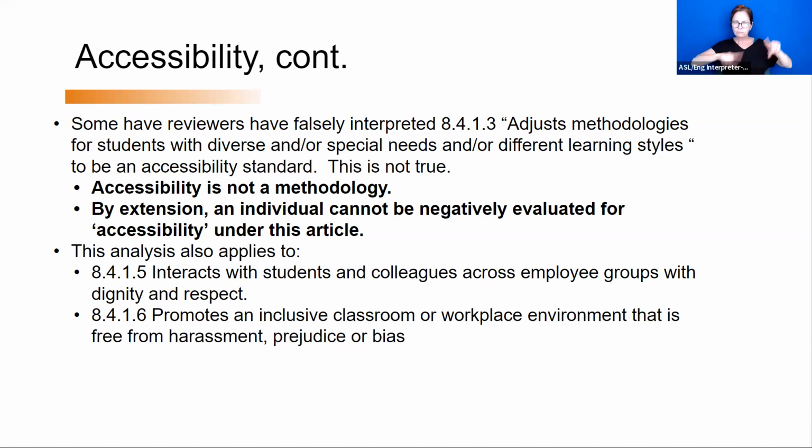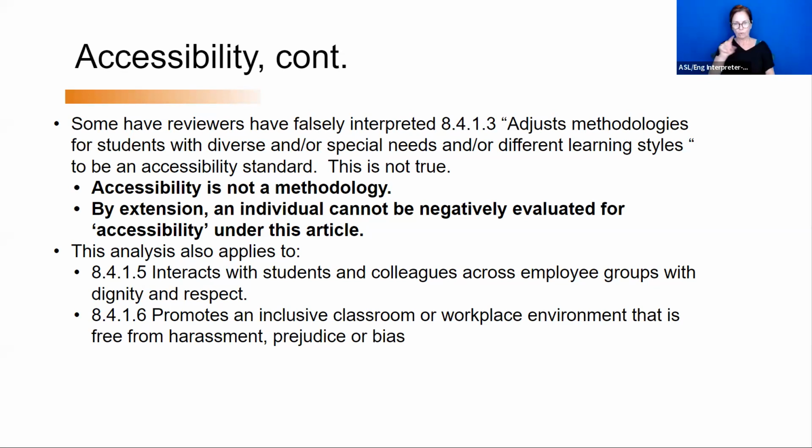So this is where the difference between accessibility and accommodations comes in. If a faculty member has a letter from the DSPS office that says we must make these accommodations for students, those are required. So again, extra time, making sure we send the tests over to the testing center, sending materials over so that DSPS can remediate them for the students or put them into the format that's needed.